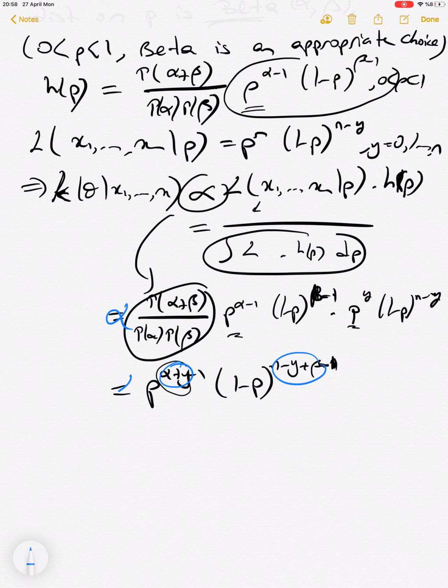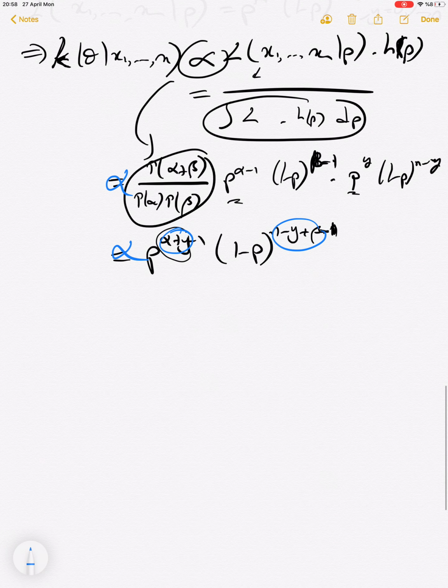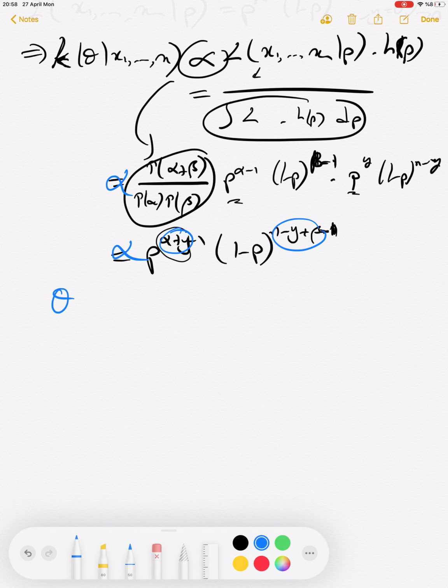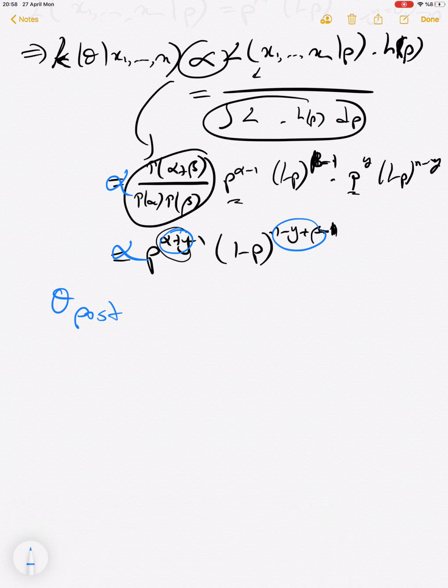So these are proportional, actually. Then we can easily define the posterior distribution as beta with parameters y plus alpha and n minus y plus beta.